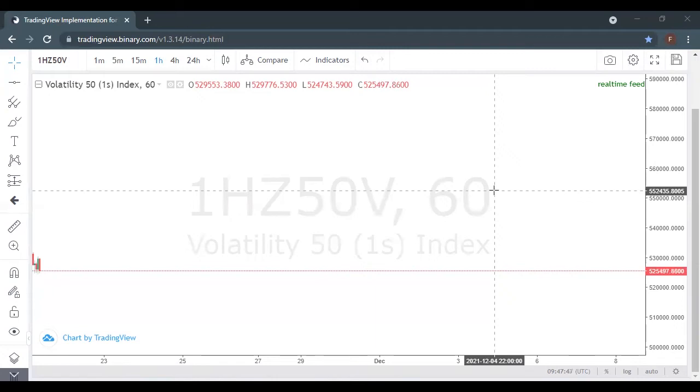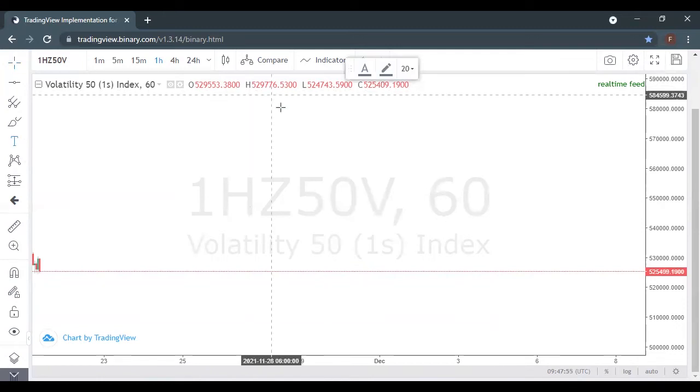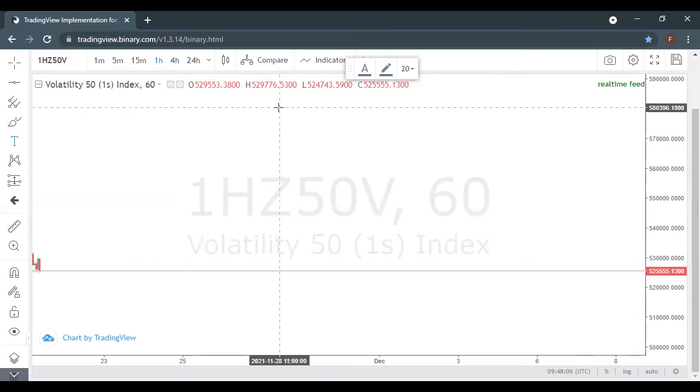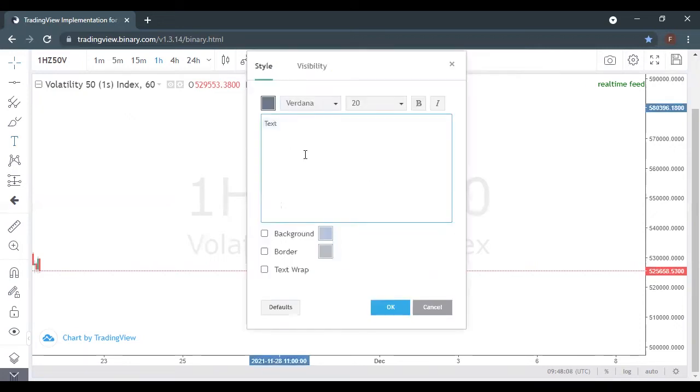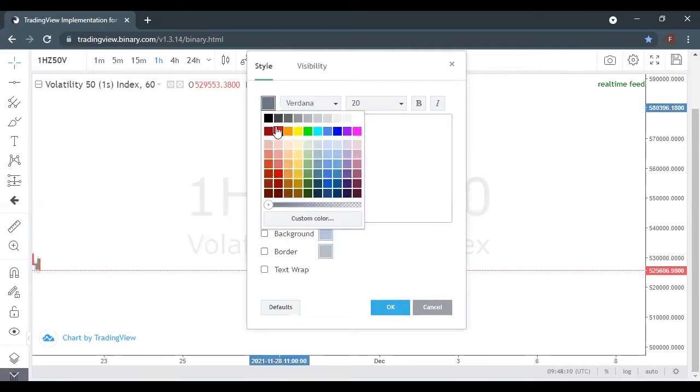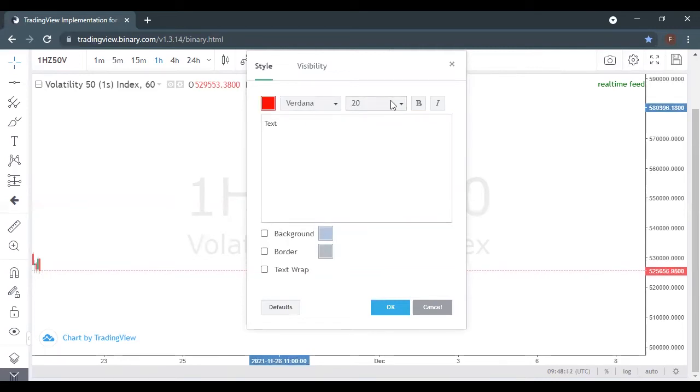So let's go straight to today's business. We're going to be looking into support and resistance today. It is always important to start by defining certain definitions.